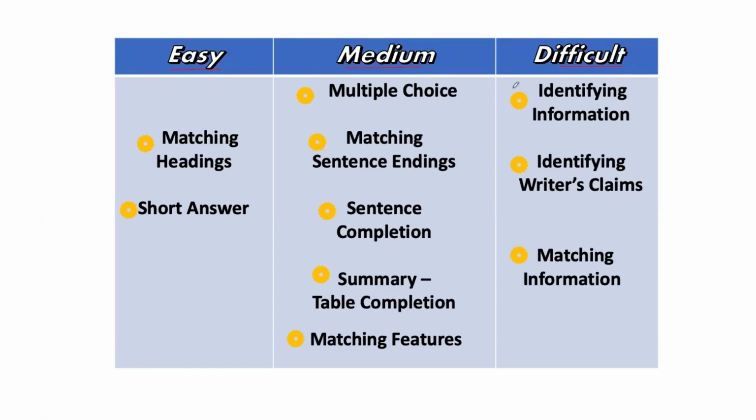On the other hand, these three questions, identifying information, identifying writer's claims, and matching information, are known as those difficult questions because it requires a lot of reading, both scanning and skimming. And of course, with these two famous question types, there is the confusion between not given and no for writer's claims and not given and false for identifying information.